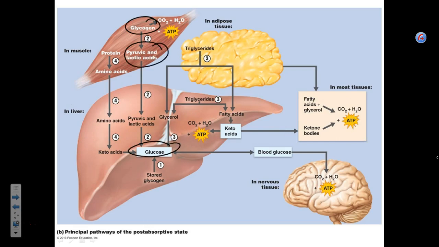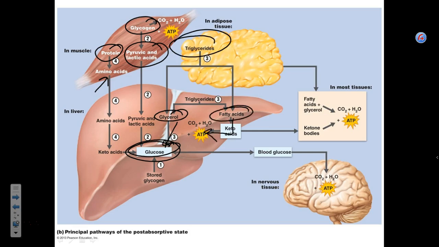Pyruvate is converted to glucose. Protein is broken down to amino acids. Amino acids are broken down through keto acids to make glucose. Fat is converted to glycerol, glucose. Fatty acids to ketone bodies for ATP. Fatty acids, ketone bodies, glycerol, again ATP. So glucose will be used for ATP synthesis basically only in the brain.